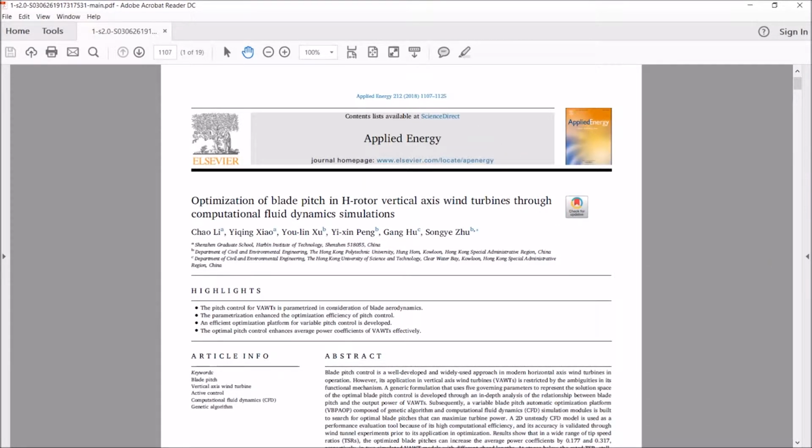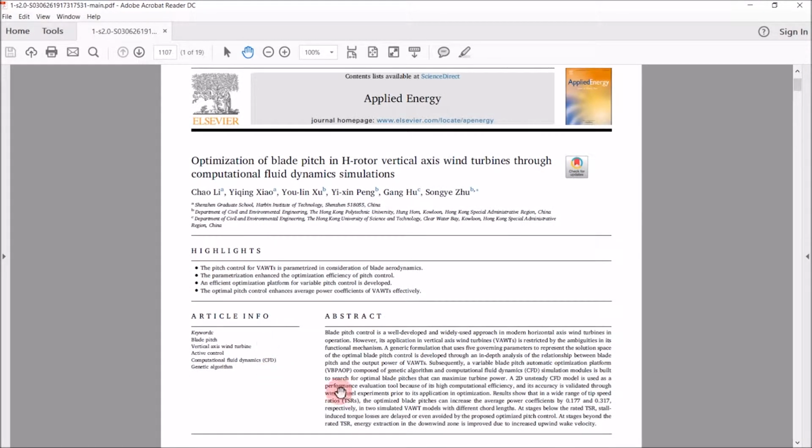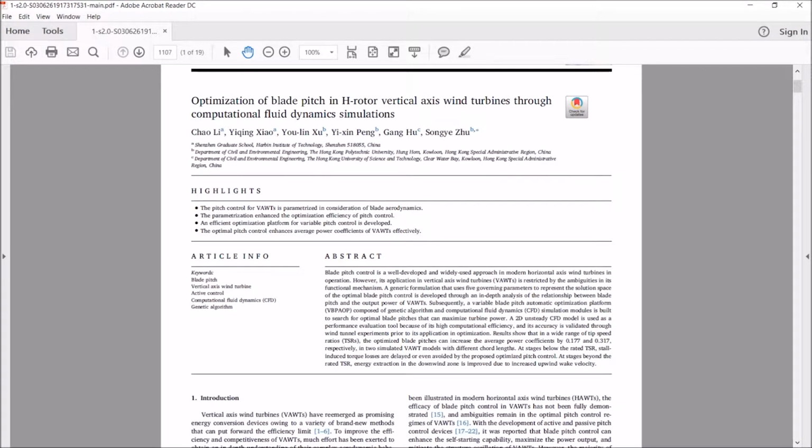On the first page, we can see the highlights of the paper and the abstract. The abstract of the paper is an executive summary of the research paper wherein the highlights and results are already discussed. Now, one of the tips that I would suggest is for you to read and understand the abstract of a research paper.